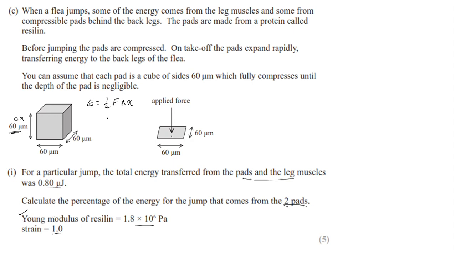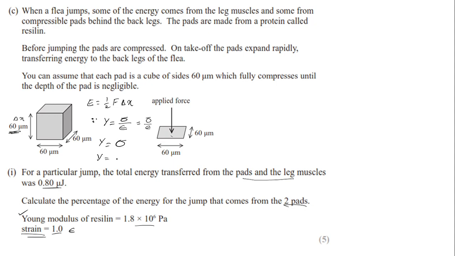Since Young modulus, I generally use Y for Young modulus, is sigma, stress, upon strain. And strain is given as 1. This is epsilon. That means Y is equal to sigma upon epsilon. So sigma is the same as the value of Y, and stress is force per unit area.